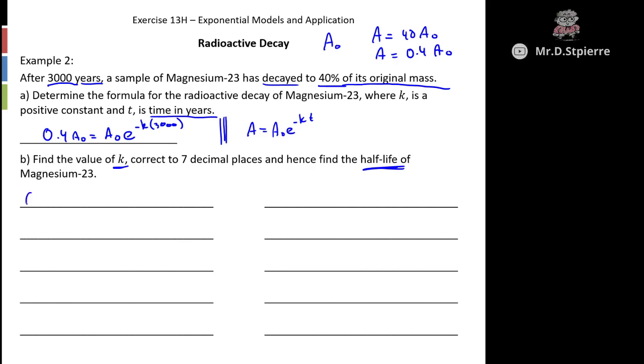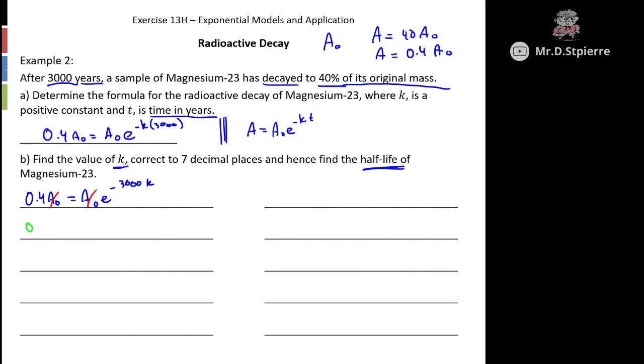We've got this 0.4 A naught is equal to A naught e to the negative 3,000 K. We can divide both sides by A naught, so that cancels off.